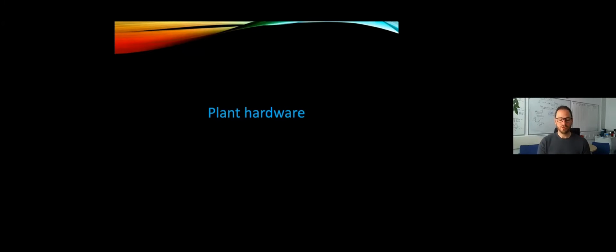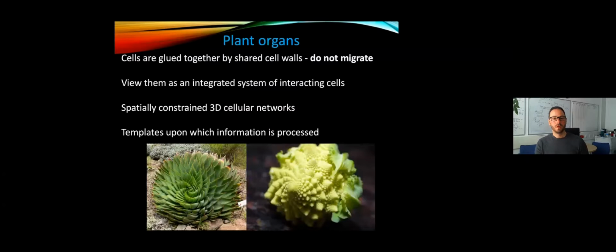Now I would like to shift topic and start talking about the hardware, plant hardware, the context that genetic programs are running within plants. Plant organs are collections of cells that are glued together by shared cell walls. Unlike in animals, the cells in plant organs don't migrate, they don't move around.